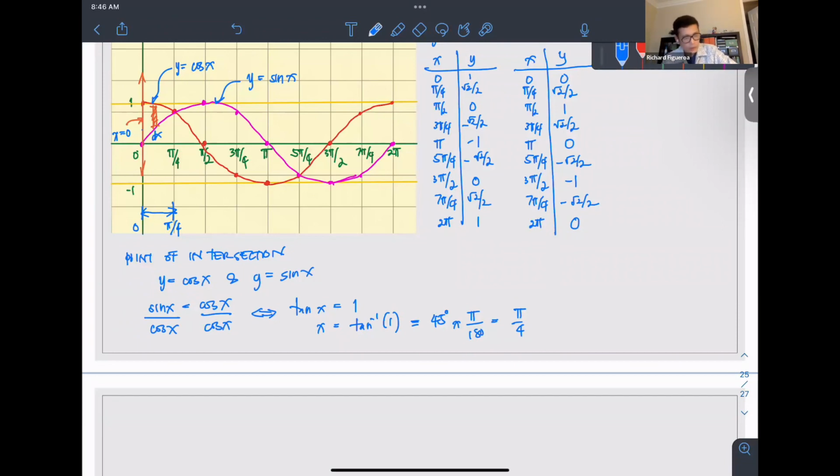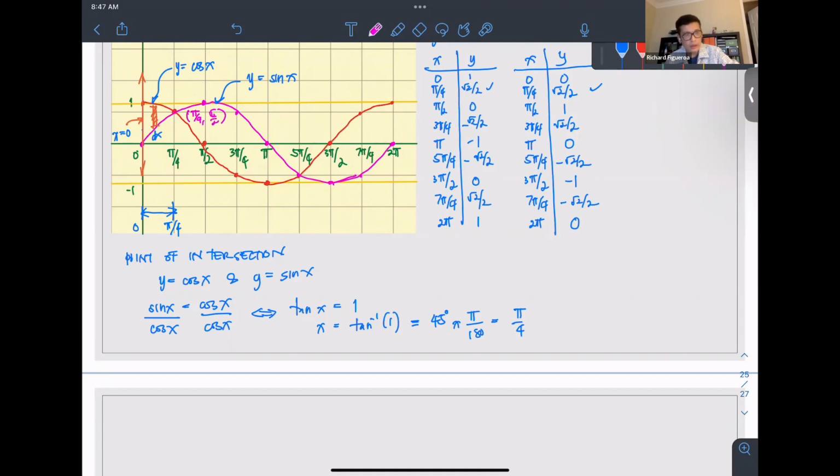So we are going to evaluate the area from 0 to pi over 4. Since this is a vertical strip, we will be using y upper minus y lower. Let's see how this works out. The point of intersection is at pi over 4 for the x, and the y portion will be square root of 2 over 2.